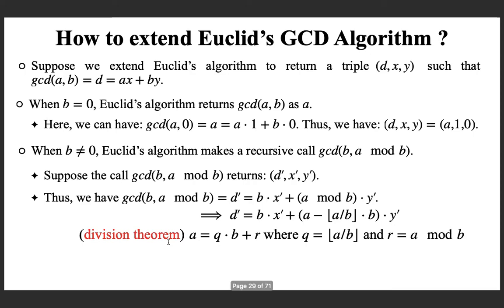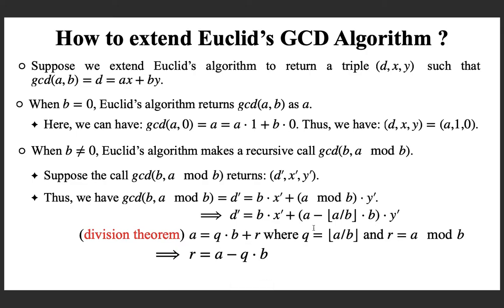In this case, q is nothing but the quotient of dividing a by b and r is the remainder of dividing a by b. Now if you look at what is r from this equation, you can see that r is nothing but a minus qb.